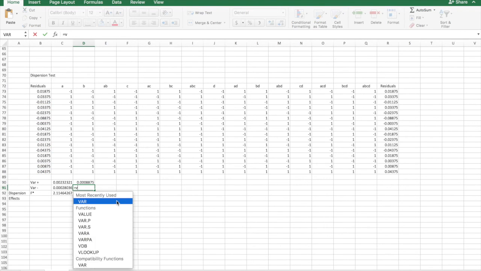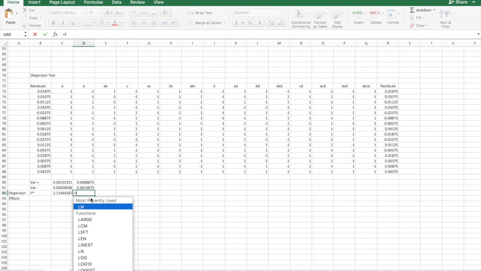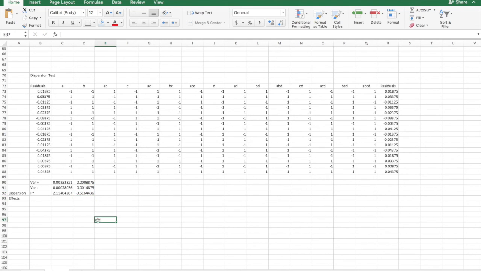And then the variance when it's low is going to be select 2, skip 2, select 2, skip 2. And it's going to be the natural logarithm of this one divided by this one.